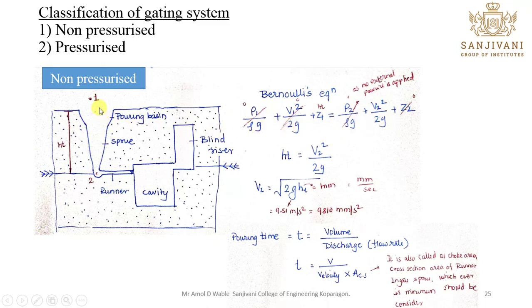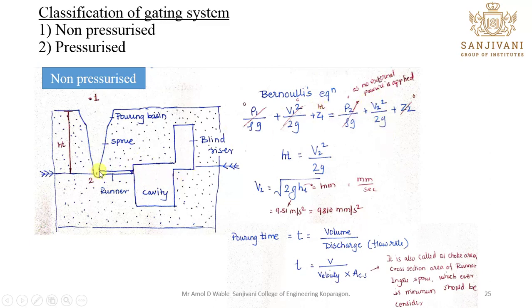Here the velocity V1 at the initial stage will be 0, and at the bottom, due to gravity, it will be increased. So V2 will remain, as there is some velocity, and we are interested in finding out this term, that is, the velocity at this point.